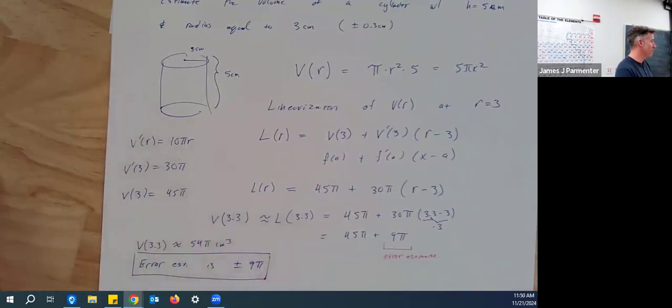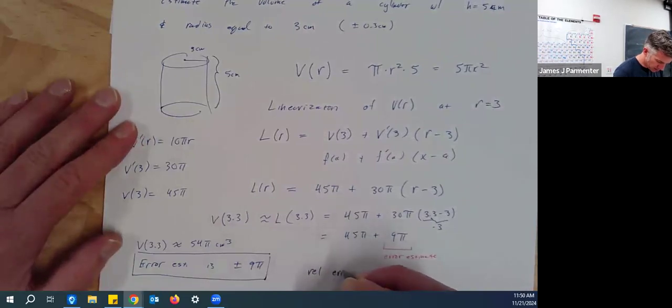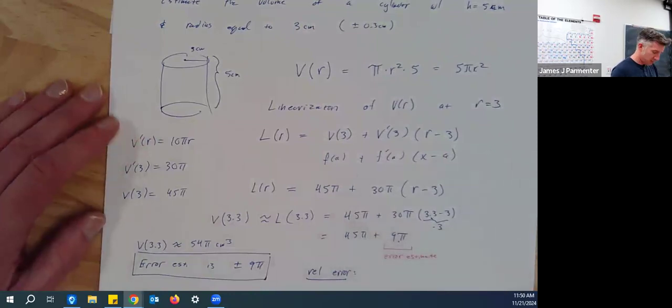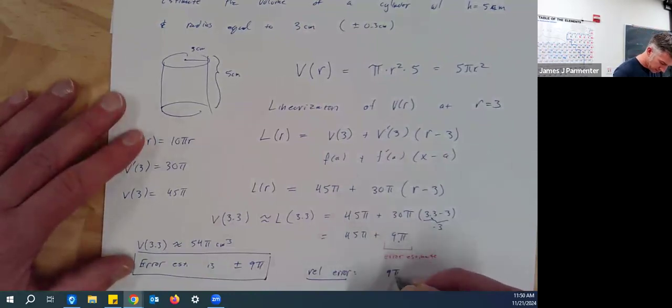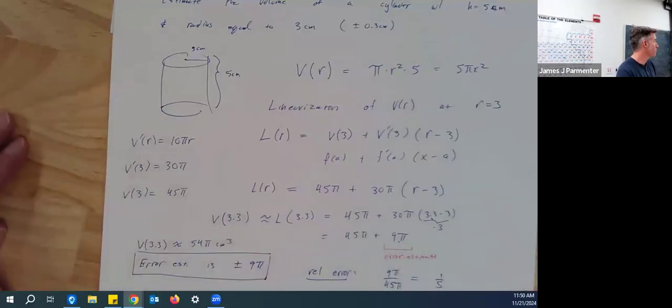The relative error estimate is taking your absolute error estimate and dividing it by the actual value of the thing you're estimating. So our relative error in this case would be 9 pi divided by 45 pi, which is equal to 1/5, or 0.2.